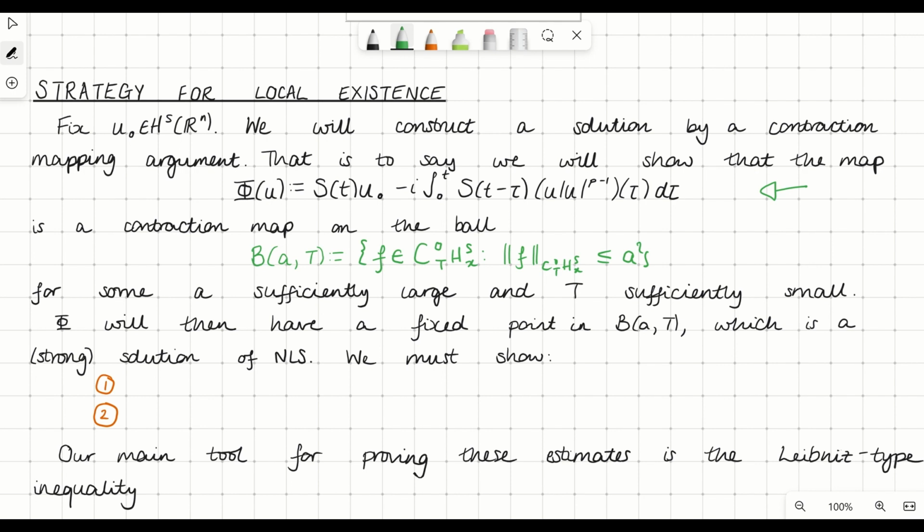So if Φ is a contraction map, then it will have a fixed point in this ball, and by definition the fixed point is a solution to the nonlinear Schrodinger equation on the interval [-T, T], so just locally.